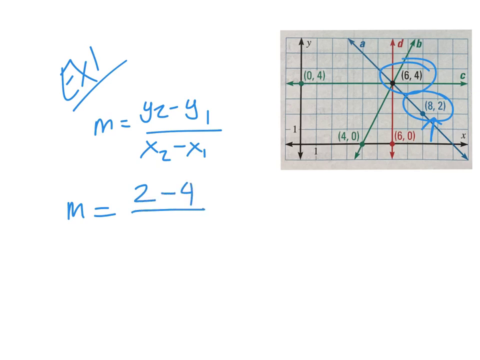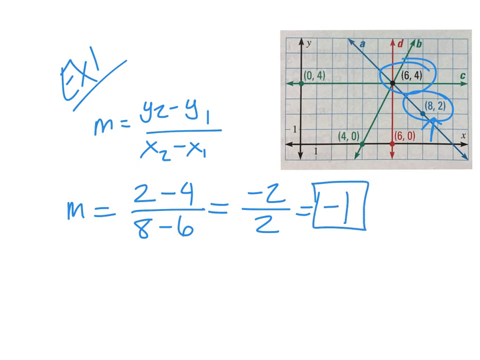And then on the bottom is x, which is 8 minus 6. What is 2 minus 4? And then 8 minus 6? Negative 2 divided by positive 2 is a negative 1. So the slope for this equation would be negative 1.